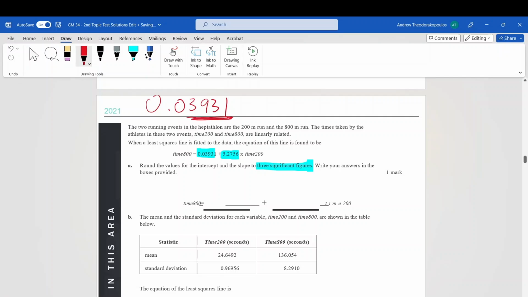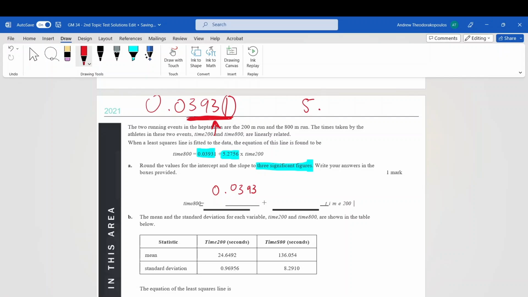Underline all my significant numbers, which is here. Point to the third one and circle the one after. The number that I've circled, which is after that, tells me that we round down, which means we keep the 3 the same. So 0.0393 is 3 significant figures.